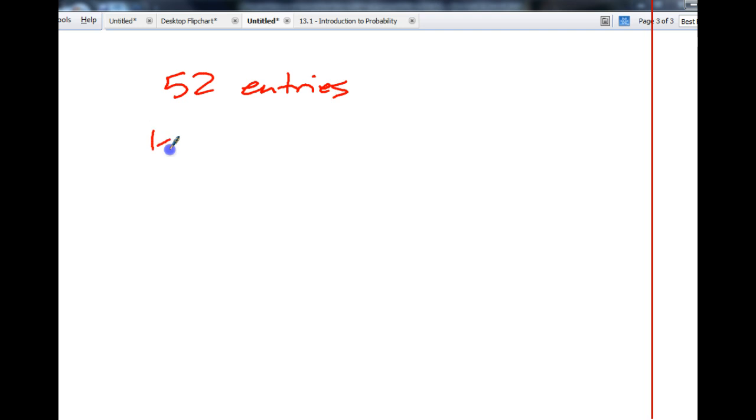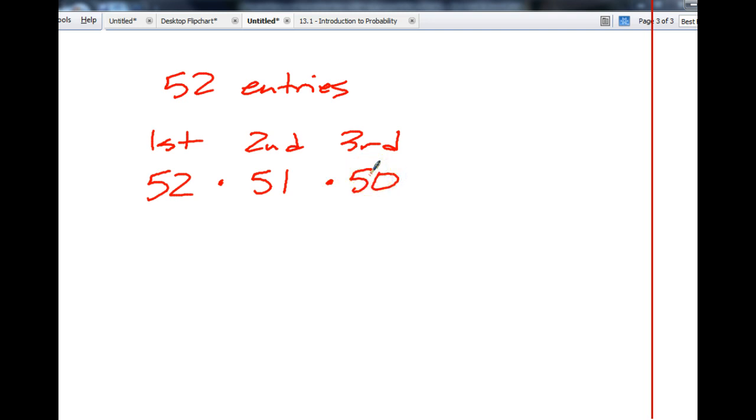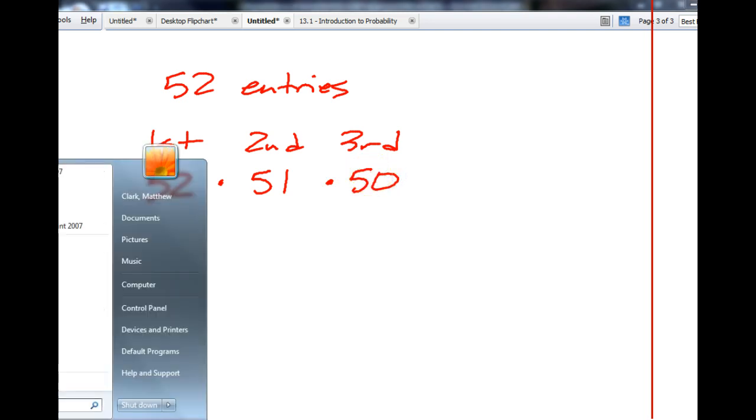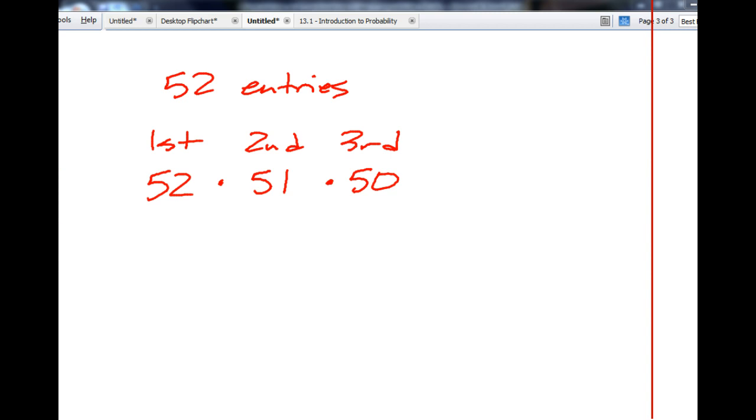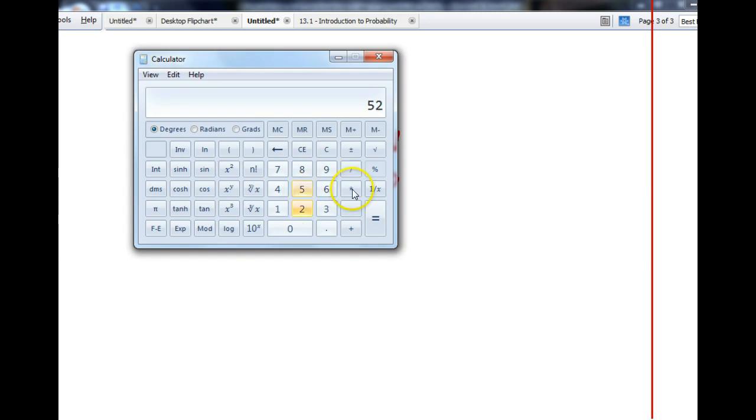So, first, second, third. How many choices can we get for first place? We have 52. How many choices for second? We have 51 because 1 person has already been chosen. Third place, we have 50. All right. So let's go ahead and multiply these out. I'm going to use my calculator here. We've got 52 times 51 times 50. 132,600.